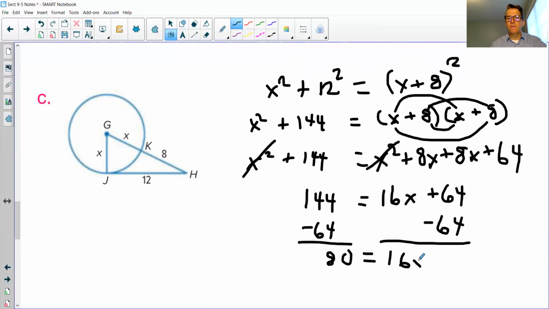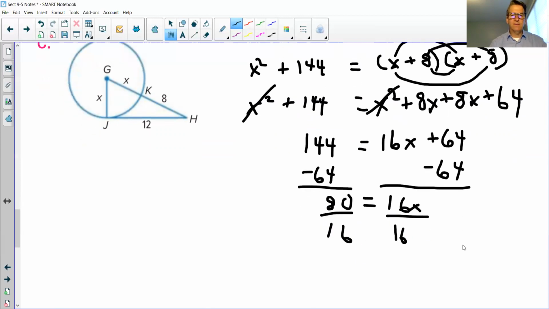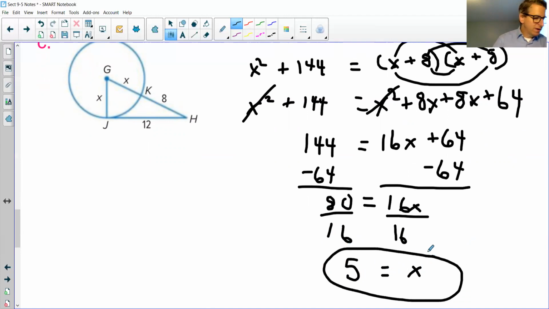And dividing by 16 on this side and 16 on this side, you get x is 5. So keep a lookout for those types of problems coming up on a test or a quiz.